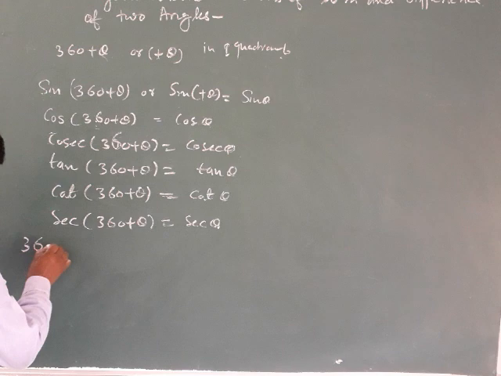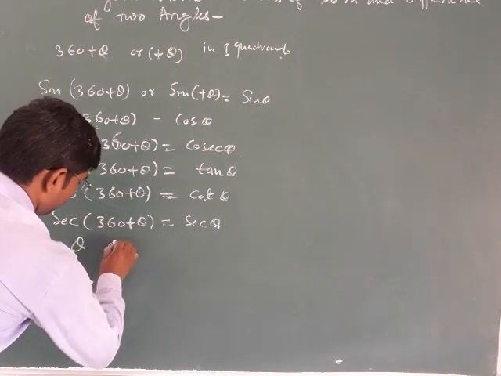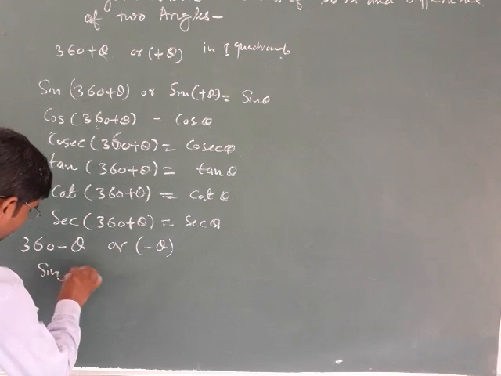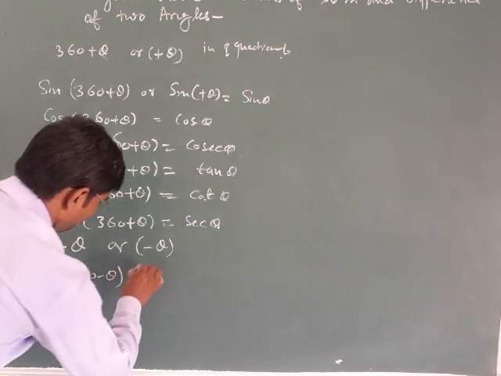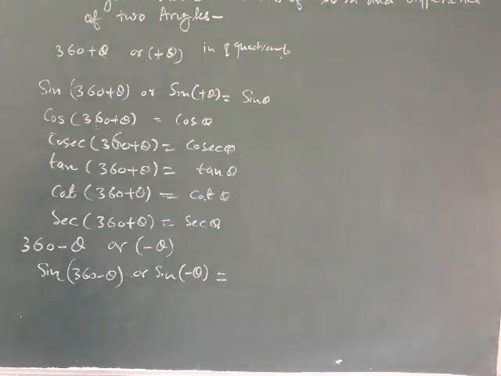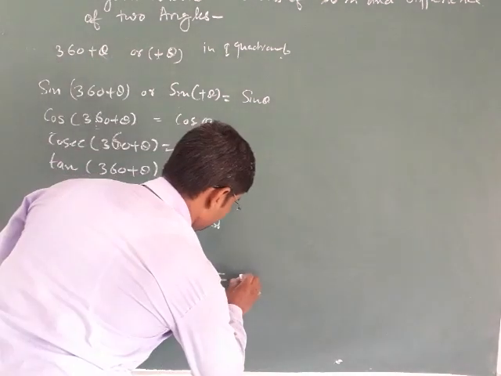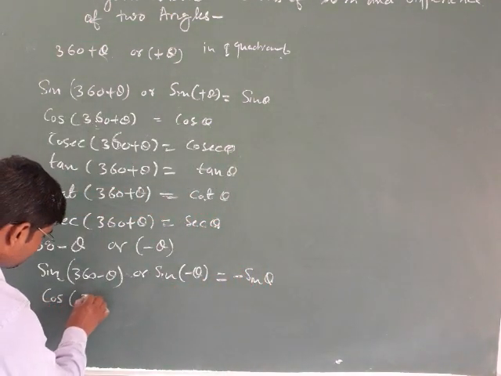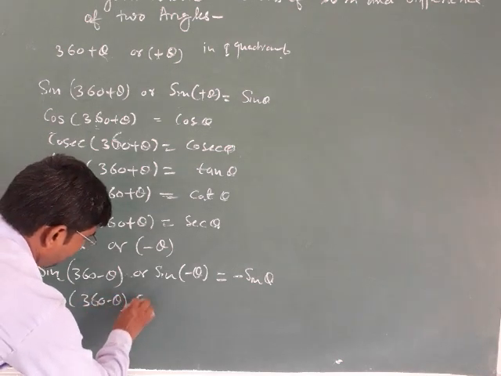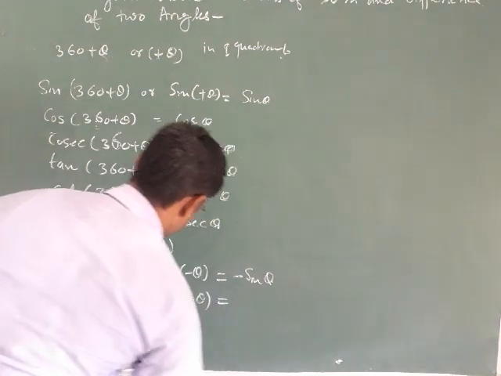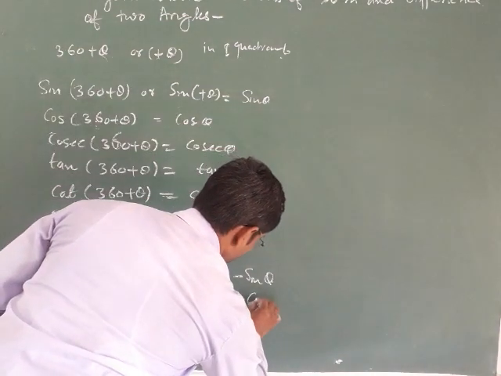So sin(360 minus theta), or sin minus theta, is equal to minus sin theta, because 360 minus theta lies in the fourth quadrant, and in the fourth quadrant the sin value is negative. And cos(360 minus theta), or cos minus theta, is equal to plus cos theta, because cos is positive in the fourth quadrant.